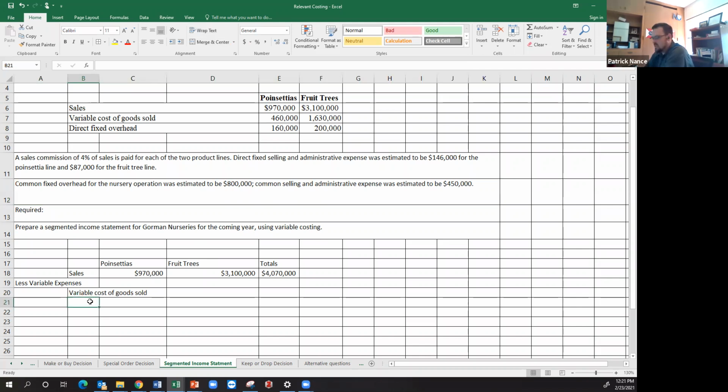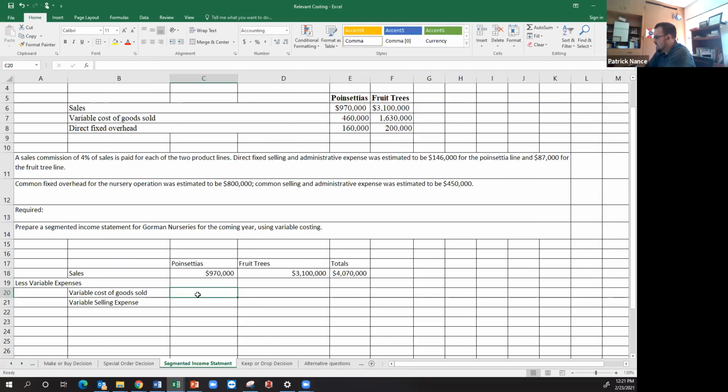So I'm going to put all those on here. I have my variable cost of goods sold, and I'm also going to have my variable selling expense. Variable cost of goods sold is given: 460 and 1,630. My variable selling expense is 4% of sales, so all I have to do is take the sales times 0.04, which gives me my selling expense for each one.